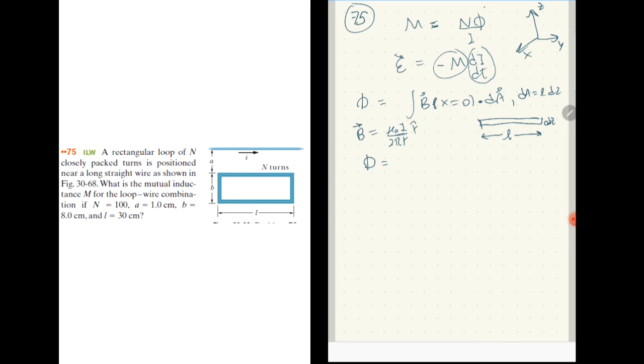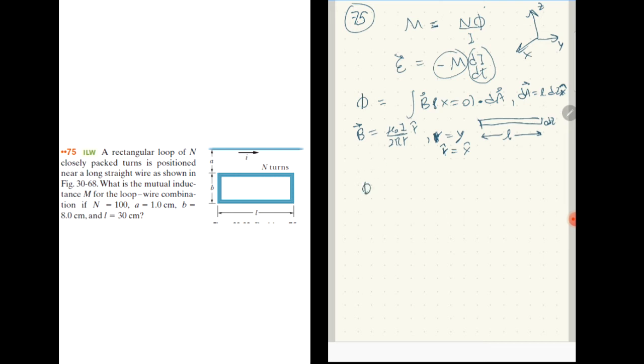Since we are in the plane of the wire, this r equals z, and I think this radial vector equals x, if I'm not wrong. In this element of area, there's an x vector here. So everything is okay.